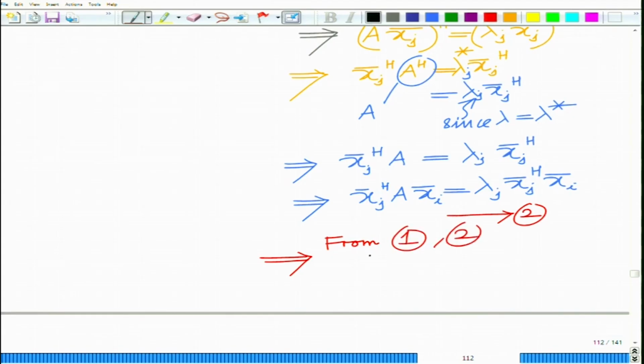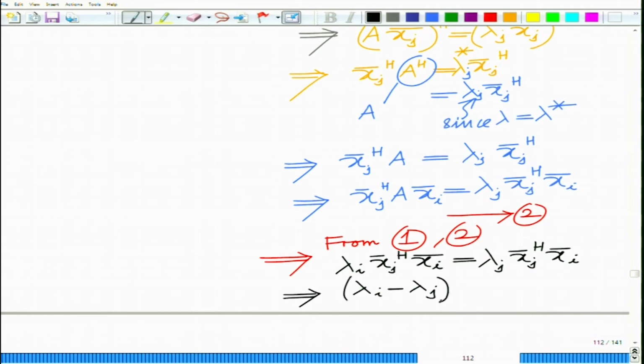This implies lambda i xj bar Hermitian xi bar equals lambda j xj bar Hermitian xi bar, which implies lambda i minus lambda j into xj bar Hermitian xi bar equals 0.